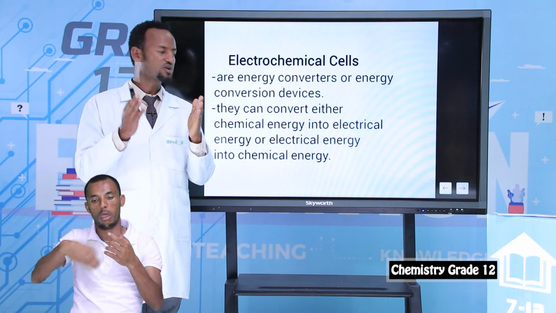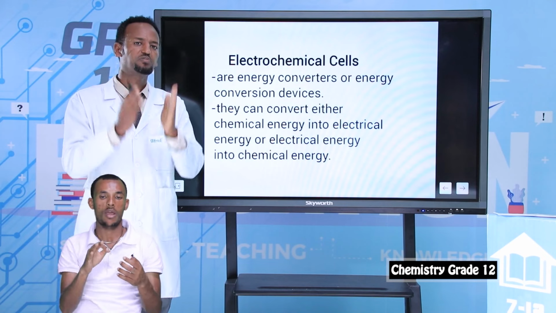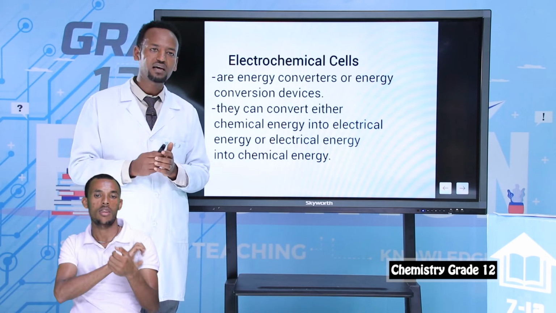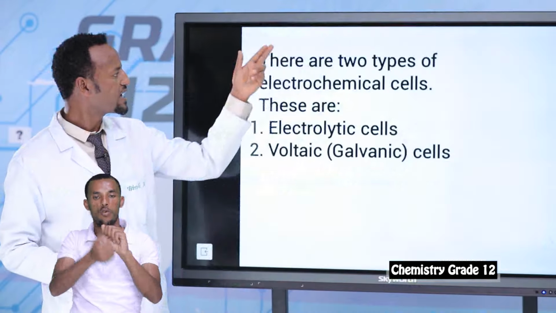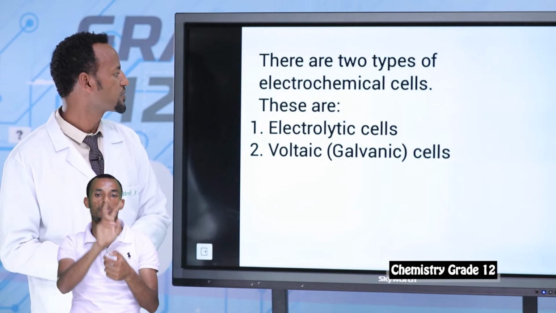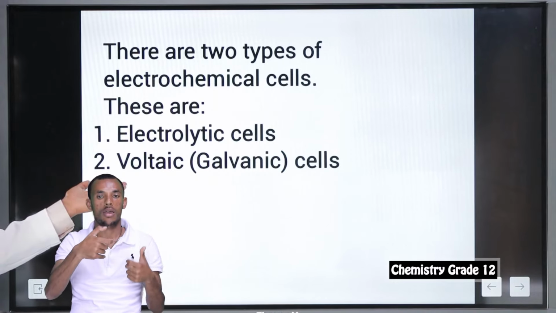Therefore, there are two types of electrochemical cells. One is the electrolytic cell. The other one is the voltaic or galvanic cell.